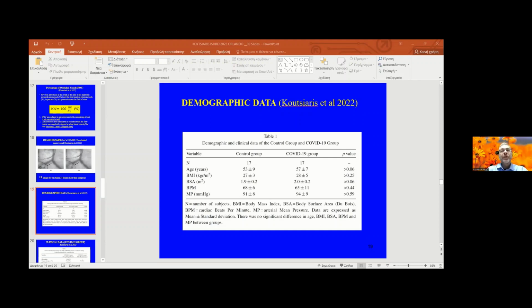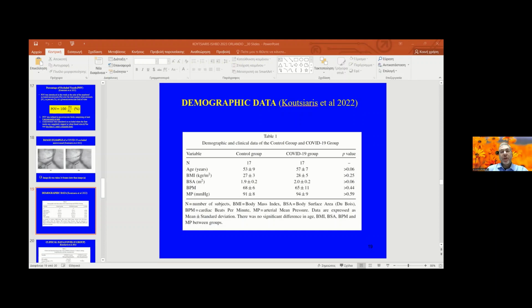The technique is called nail fold video capillaroscopy, or NVC, and this is an image of the instrument in contact with the finger. One of the first results was by Natalilo et al. 2021 using NVC, and they reported qualitative microvascular abnormalities in COVID-19 patients with no controls.